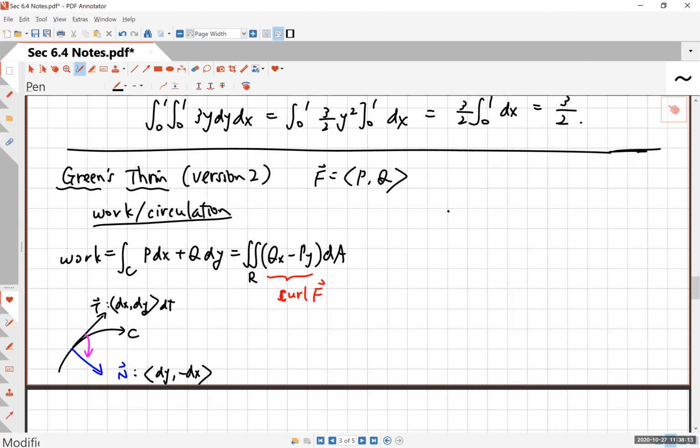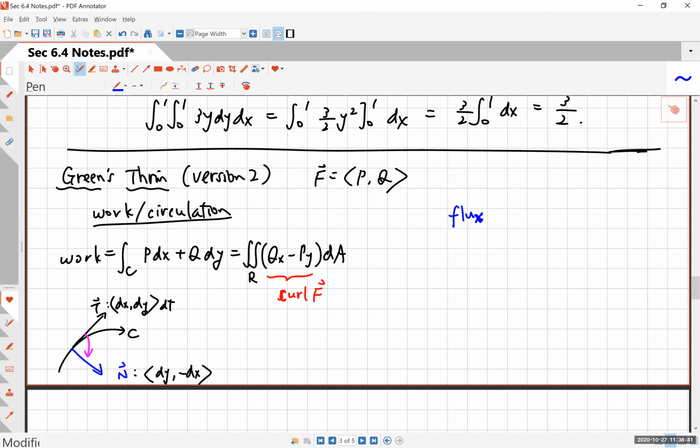So Green's theorem version 2 has to do with, and I should probably use a different color, maybe blue to represent my normal or flux direction. When you are trying to find the flux, which is not work along C, it's how much of the stuff is going across that curve C, right?